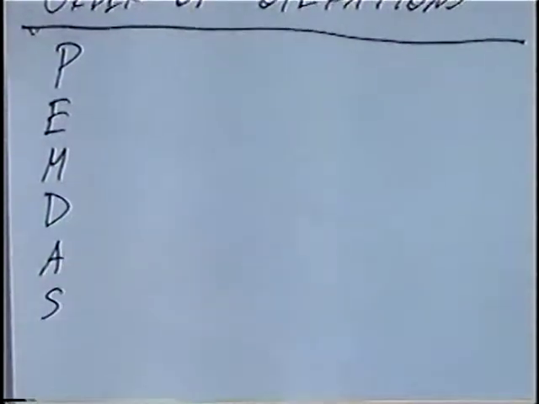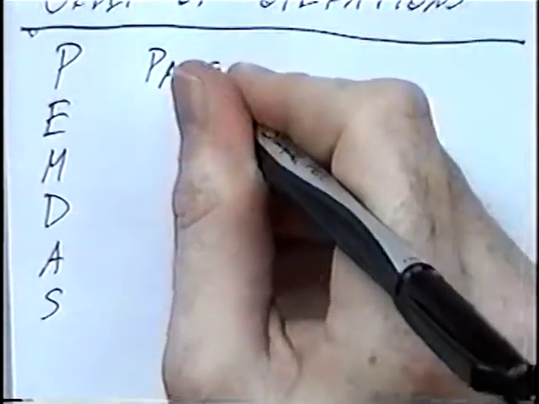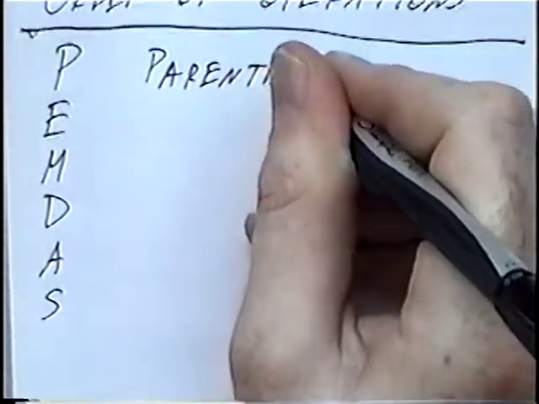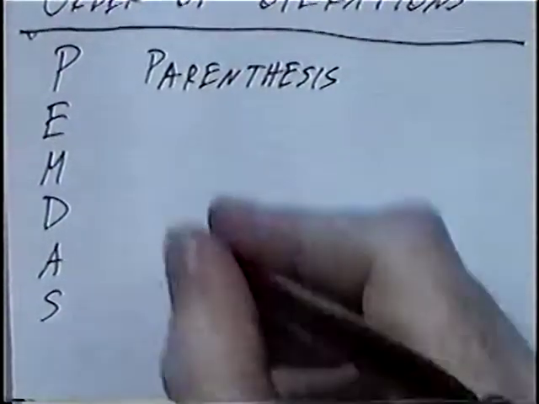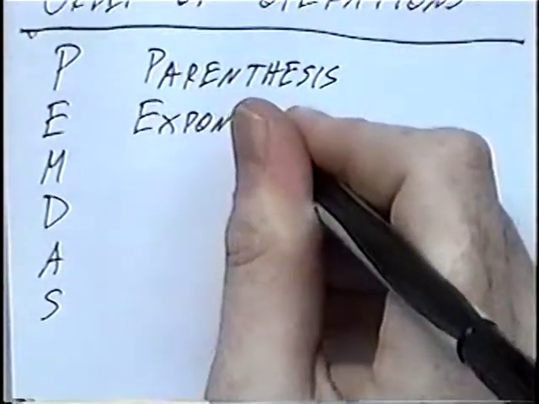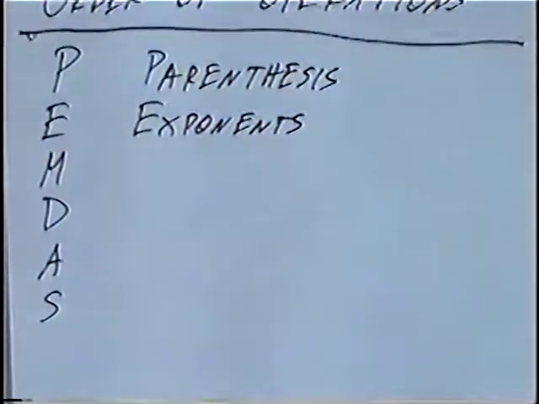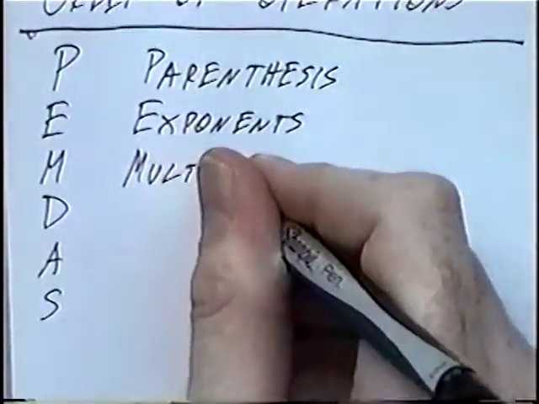The P in PEMDAS will stand for parentheses. The E in PEMDAS will stand for exponents. The M in PEMDAS will stand for multiplication.